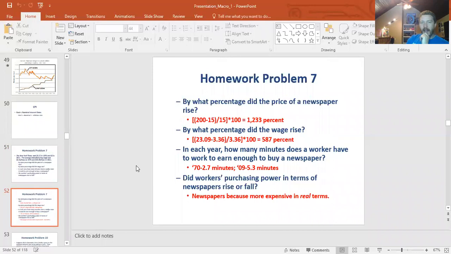All right, now we're back. You see the price of a newspaper rose by over 1,200%, and the manufacturing wage rose by 587% over this period. First, it's important to realize that the CPI gives us an average rate of inflation in the economy.